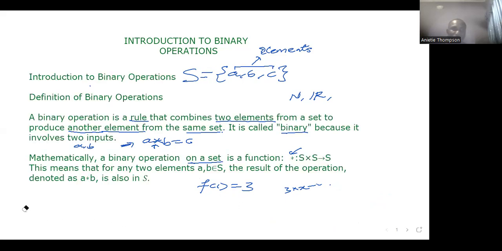One of the properties that we should be talking about here is the closure law. So we can briefly call it the closed law.